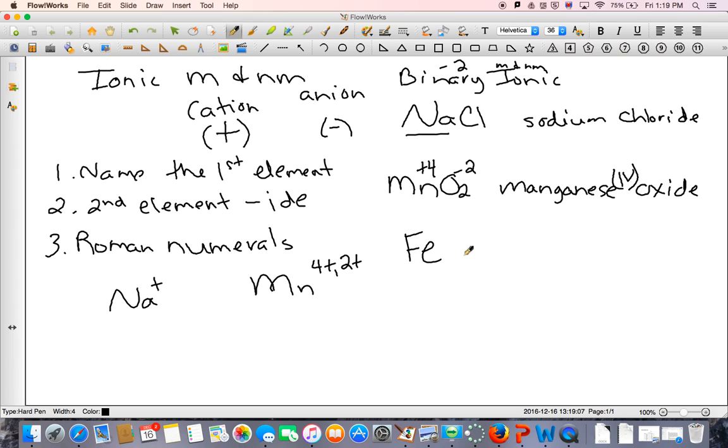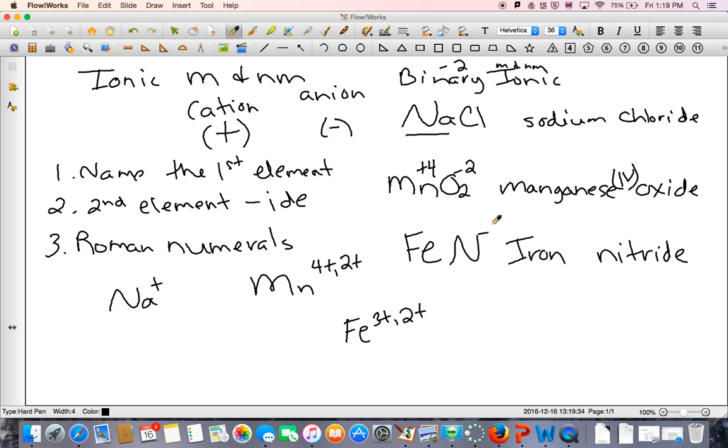Okay, let's do one more. Fe N. Two elements, metal and nonmetal, so we know it's binary ionic. Name the first substance, iron. The second substance becomes ide, so nitride. Now I look up iron on the periodic table, top right-hand corner, and it says 3 positive and 2 positive, so he does require a Roman numeral.